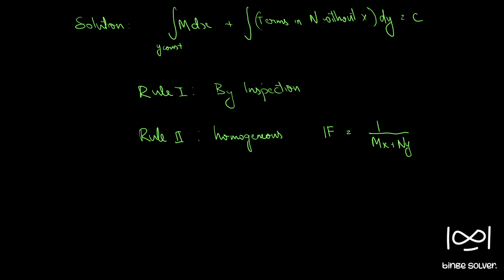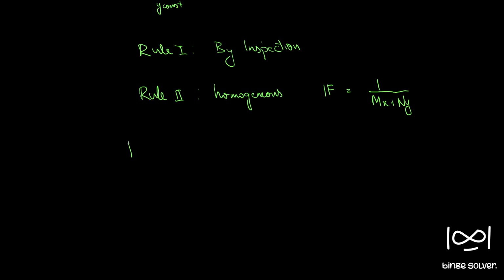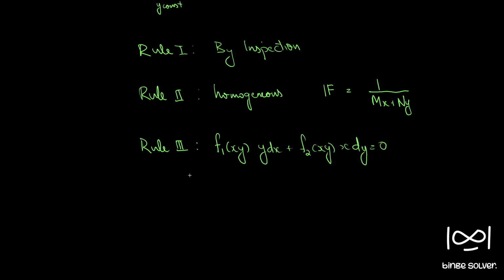So this was rule 2, and rule 3 was a special case where the differential equation was of the form f1(xy) y dx plus f2(xy) x dy equal to 0. If the differential equation is of this form, we can say the integrating factor is 1 by (Mx minus Ny).